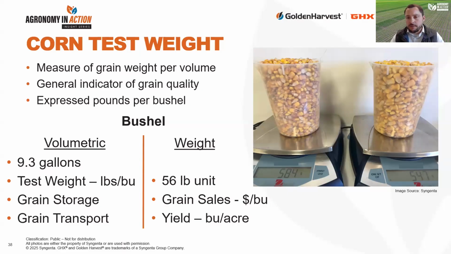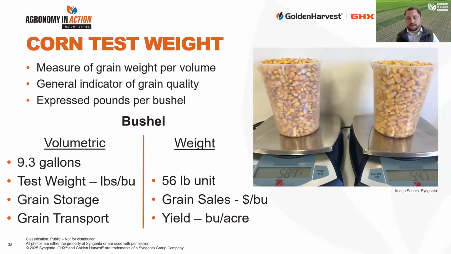On the right, again, we've got the same amount of grain, but we're weighing 54.7 grams. So while the amount of the grain is the same, the weight can be very different. And that simply goes back to the size of our kernels, and it can also be attributed to the weight of the kernels.